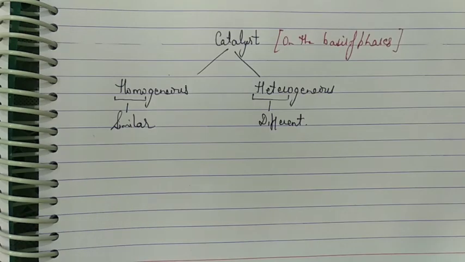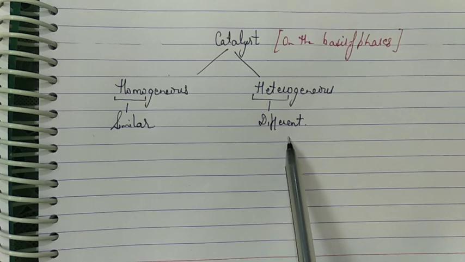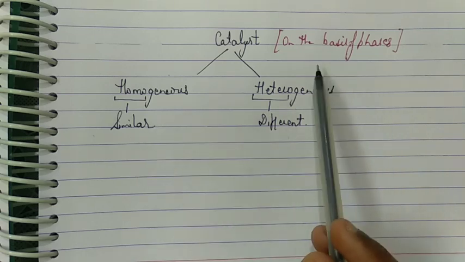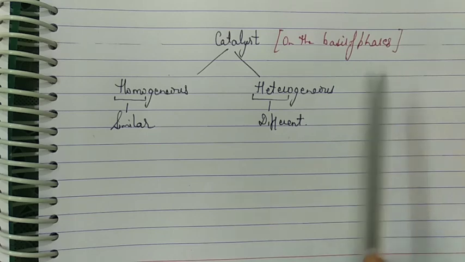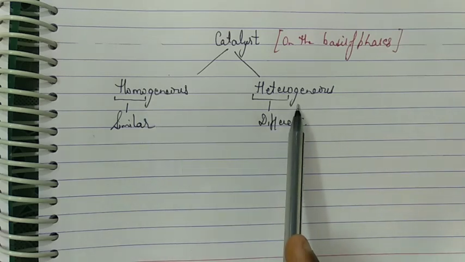And the next classification is on the basis of phases, that is different phase, under which it is categorized into two parts. One is homogeneous and the other one is heterogeneous. You all know homo means similar and hetero means different. So on the basis of different phases present in a chemical reaction, it is categorized into homogeneous and heterogeneous.